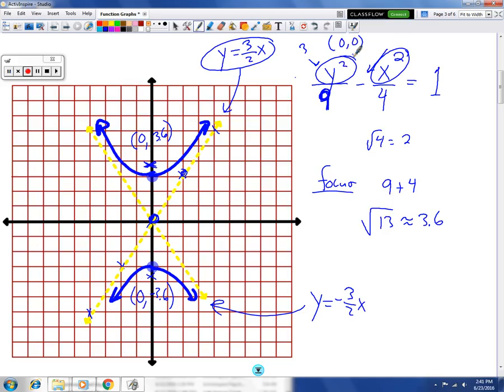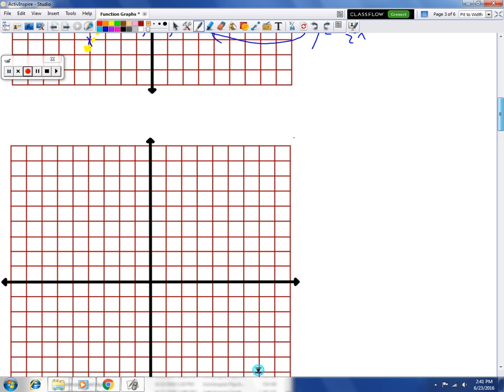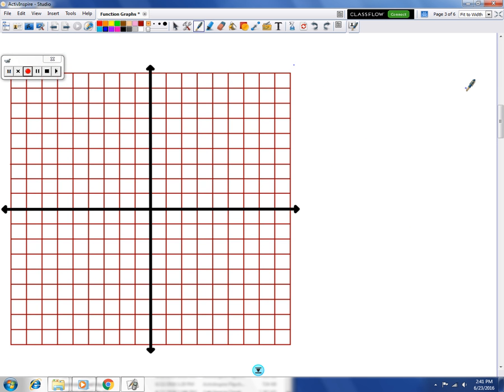What happens if you have more complicated numerators? Let's try it again, just one more example.